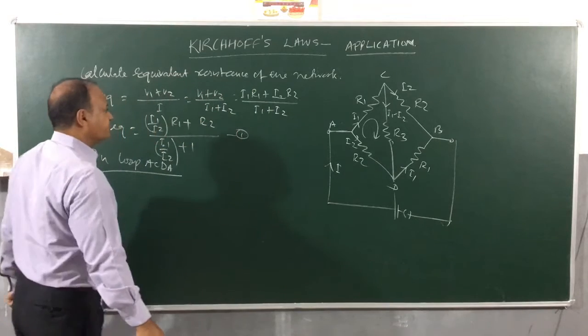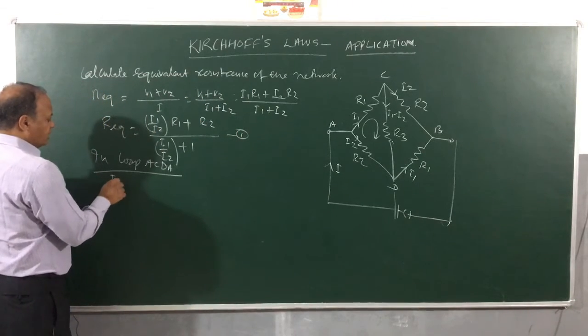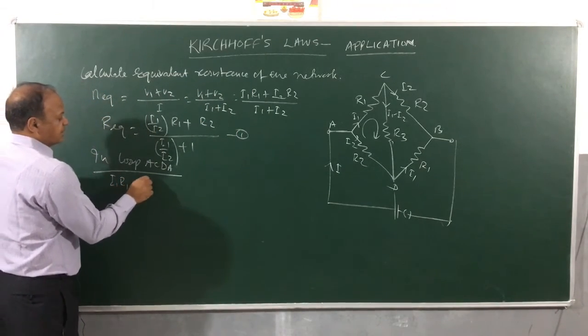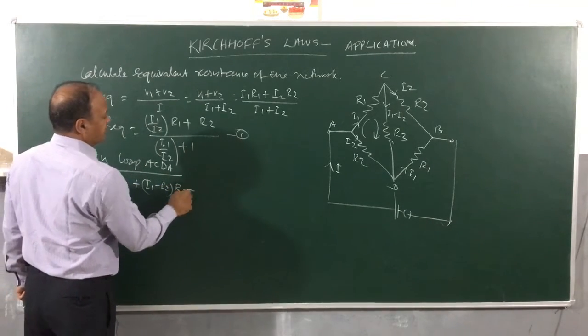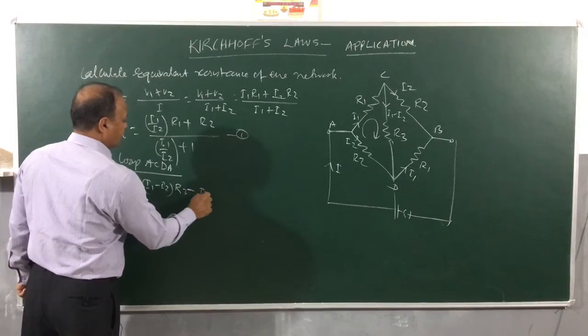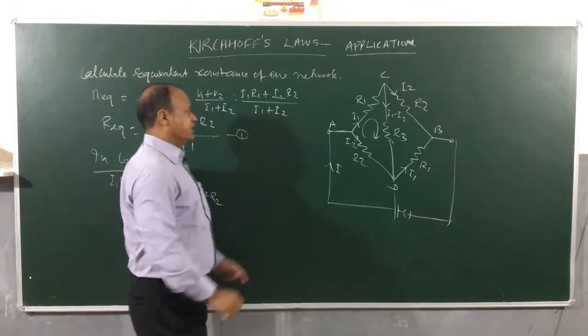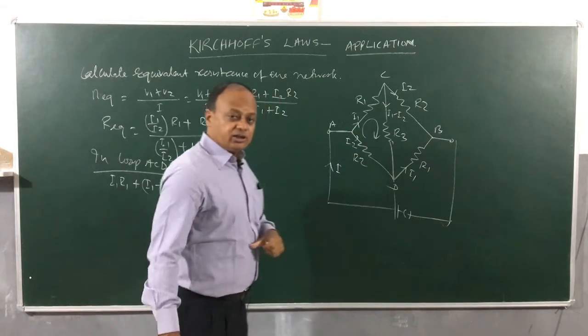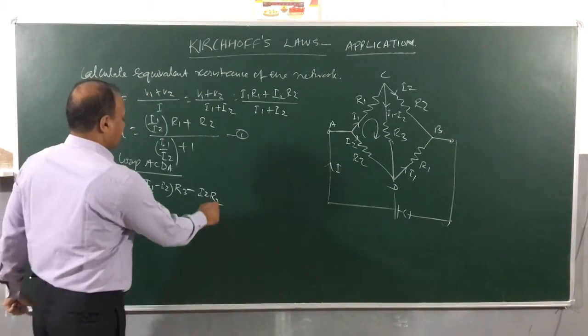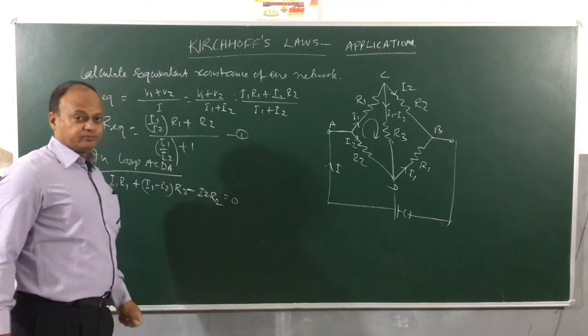So if I use this, then I will be getting I1 R1 plus I1 minus I2 into R3 minus I2 R2. You can clearly see that in this loop we have not connected any source of EMF. So there is no E, and how much will that be equal to? 0.